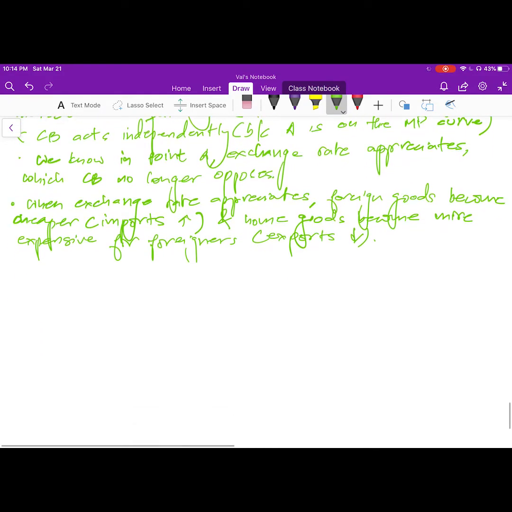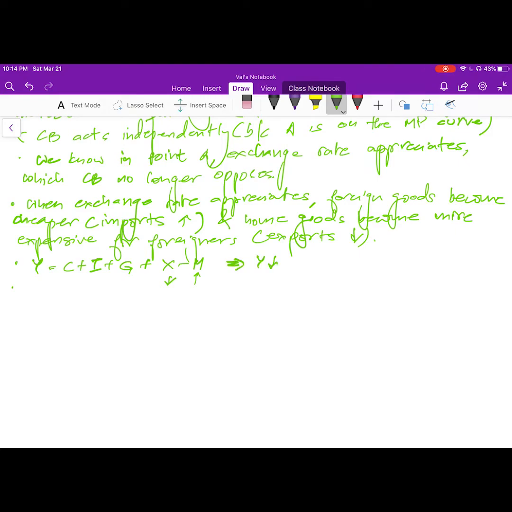We know that Y equals C plus I plus G plus X minus M. If imports were to increase and exports were to decrease, then output would go down.